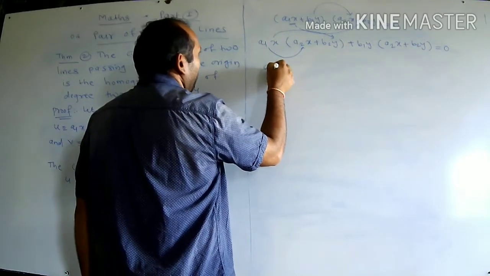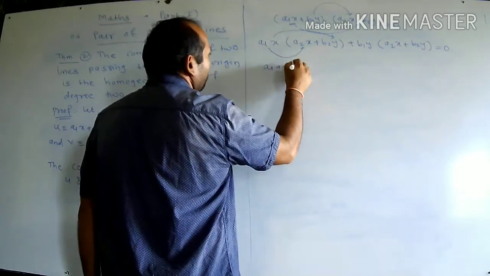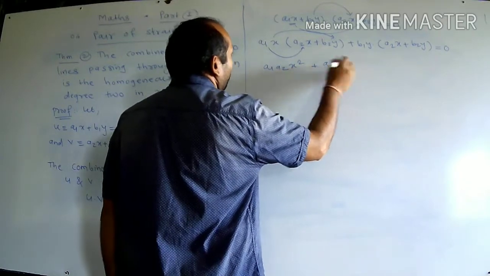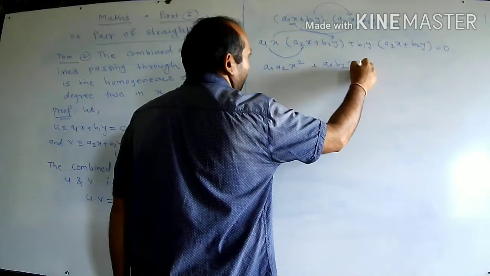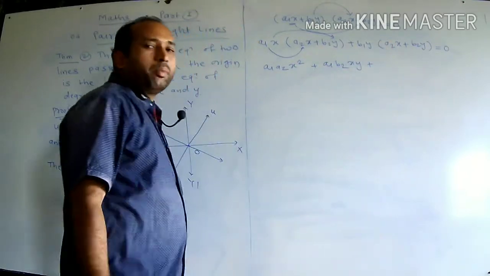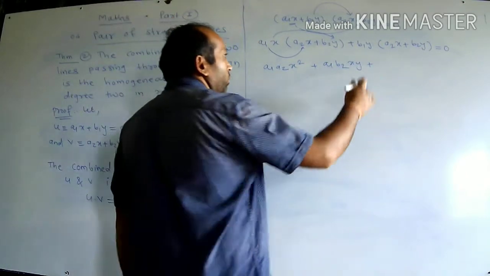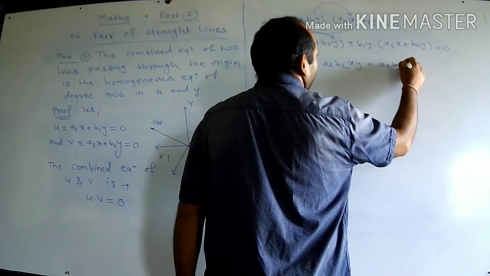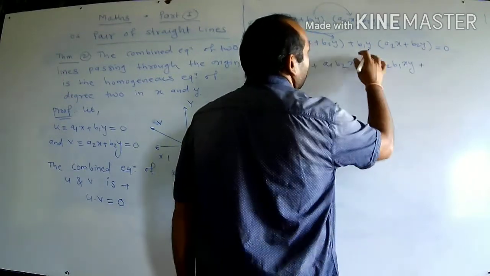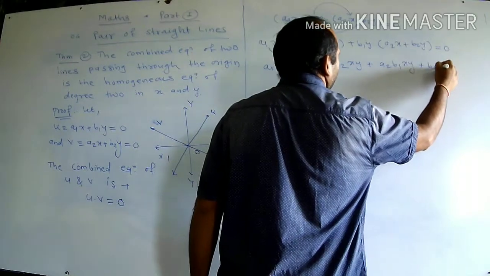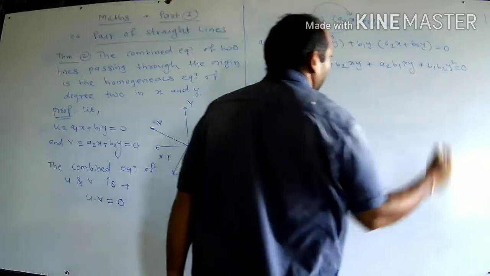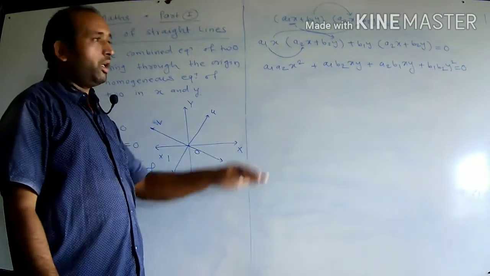So we have a1 a2 x into x, that is x square, plus a1 b2 x into y, that is xy. Similarly, simplify the next term also. So we have a2 b1 y into x, which can be written as xy, plus b1 b2, here y into y becomes y square, is equal to 0.